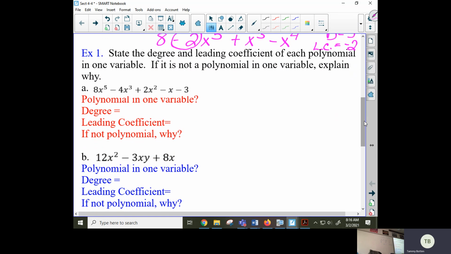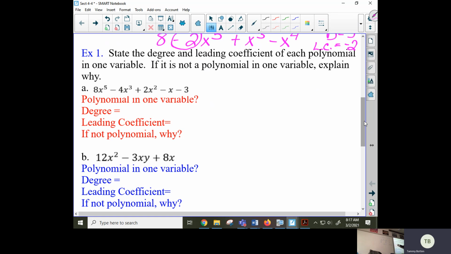All right. So one of the things you have to say is: is this a polynomial in one variable? Okay. So we talked a couple, maybe like last week, about what made something a polynomial. And one of the things was if you had a variable on the bottom, if you had a variable to a negative power, if you had a variable as a power, those are all ways to make it not a polynomial in one variable, okay?